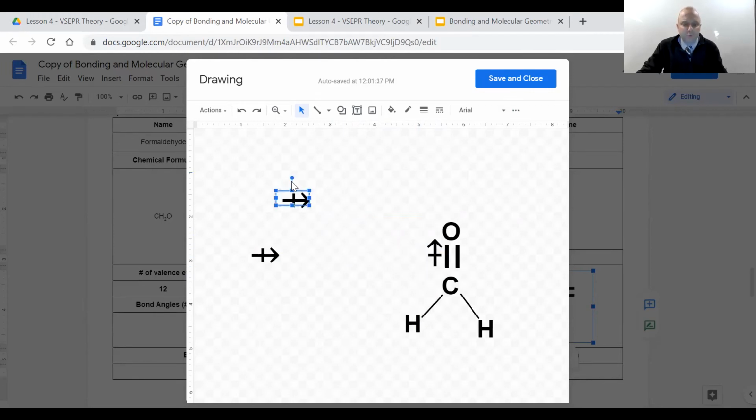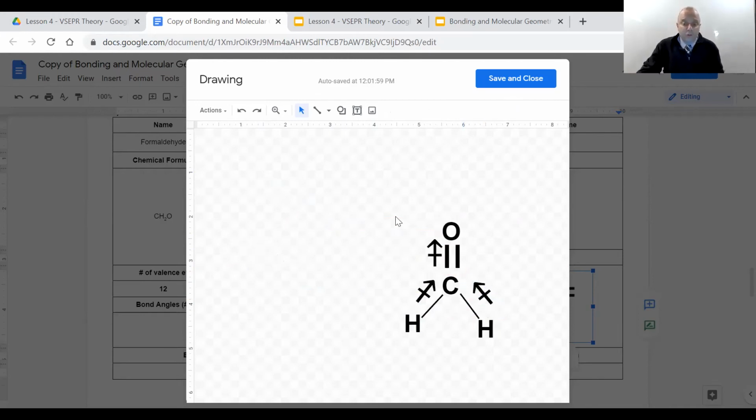Then for our other 2, we're going to have arrows pointing in toward the carbon. So we're going to have one on the left side here. There we go, in toward carbon. And then on the right side as well, in toward the carbon, which is the more electronegative one, the closer to the top right on the periodic table.